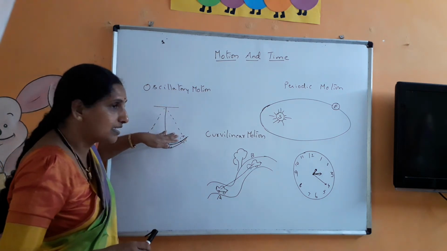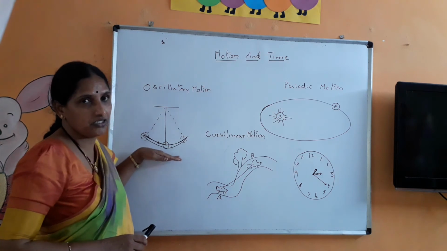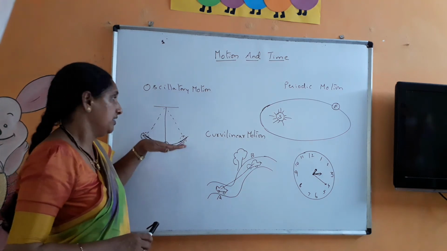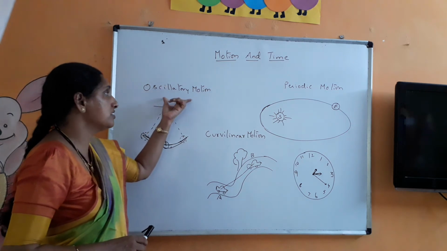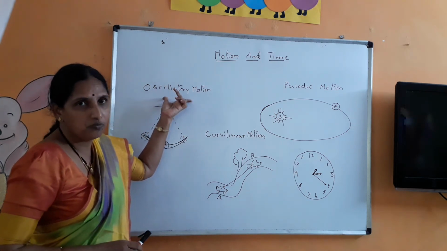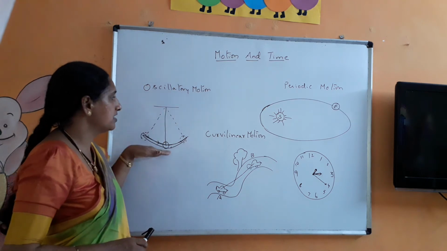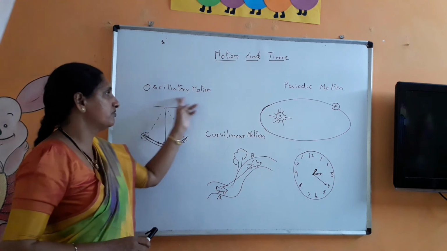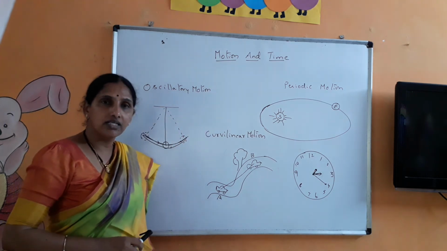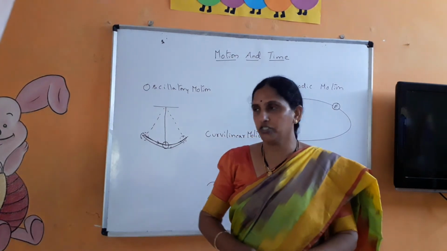Even though it is repeating the motion, it is changing the direction. Thus, because of this additional point, we call it oscillatory motion. In simple words, it is to and fro motion. To and fro motion scientifically is called oscillatory motion.